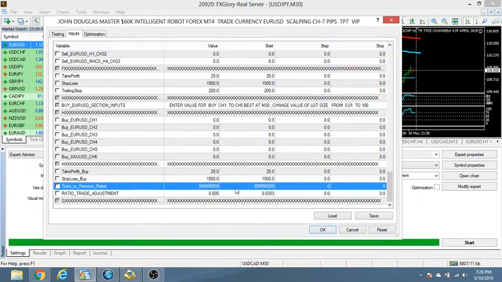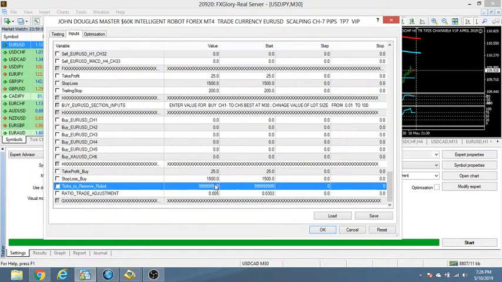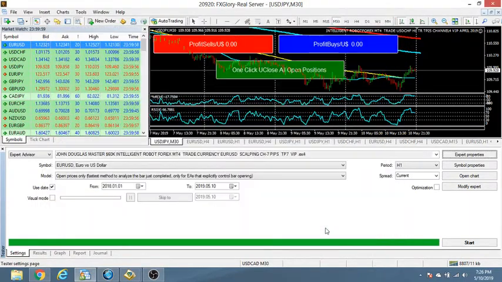So this robot will start with 0.3. You take 300 divided by 60,000, and the fraction is 0.005. Now let's start it and see that it starts with 0.3.